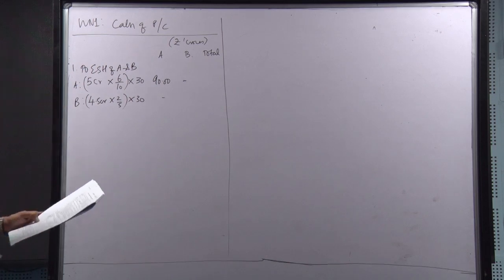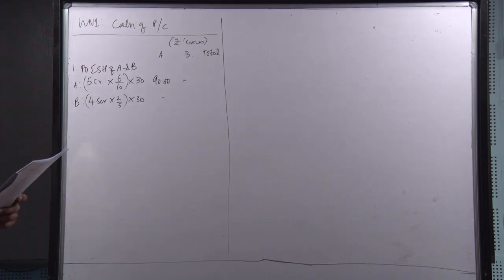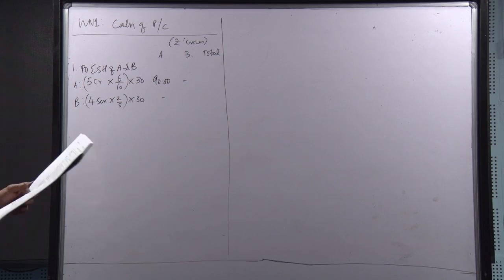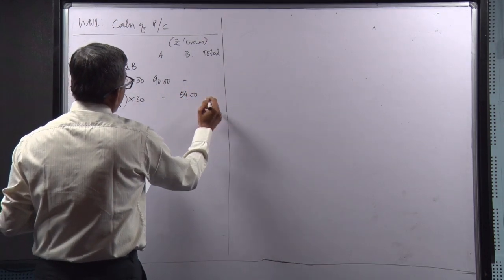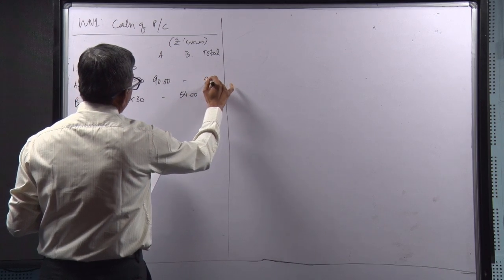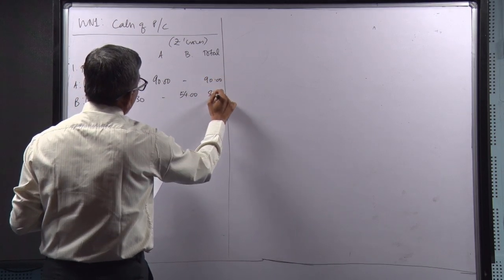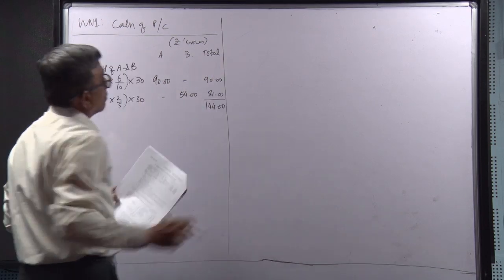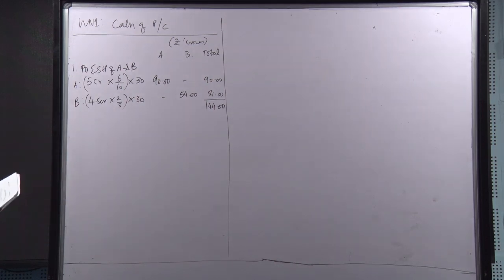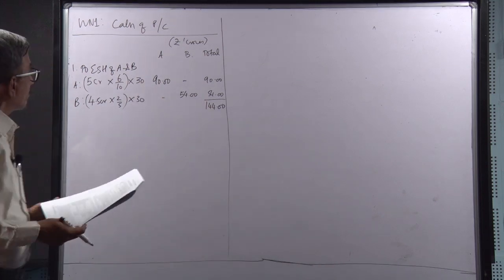How much? 4.5 into 2 by 5 into 30. That is 54 crores. So what is the total? 90, 54, that means 144. So equity shares will be issued for 144 crores. But this includes a premium of 20 rupees.